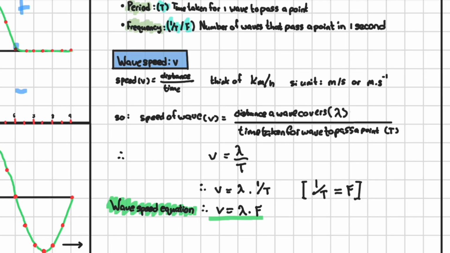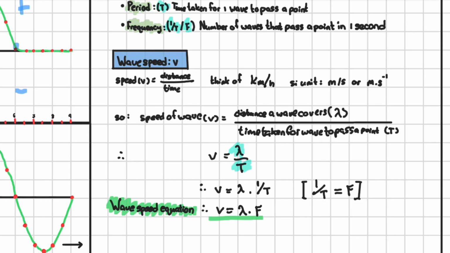We know that the distance of a wave is in fact wavelength, and that is denoted by lambda. And the time taken for a single wave to pass a point is in fact the period, which is denoted by a capital T. So we obtain the equation for wave speed, which is that the speed of the wave is actually the wavelength divided by the period.